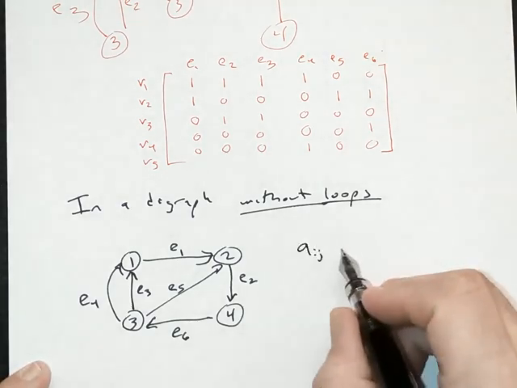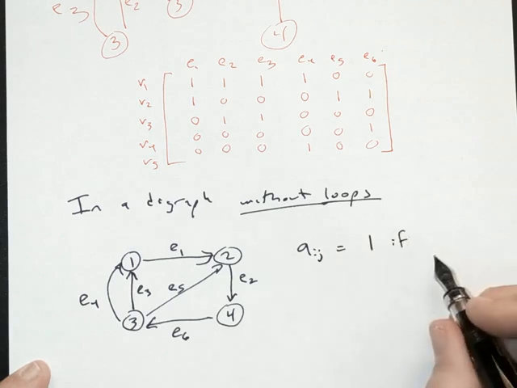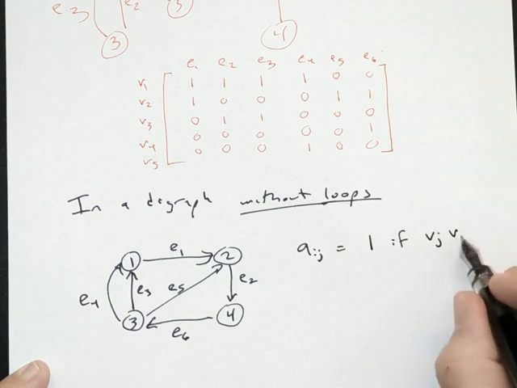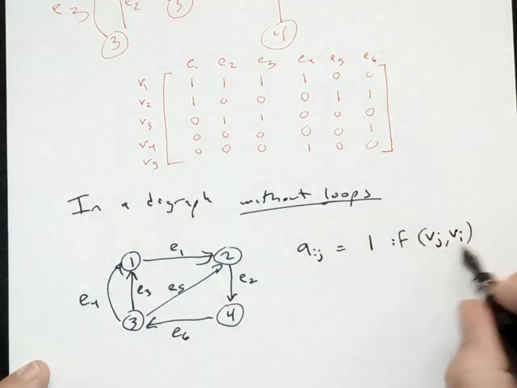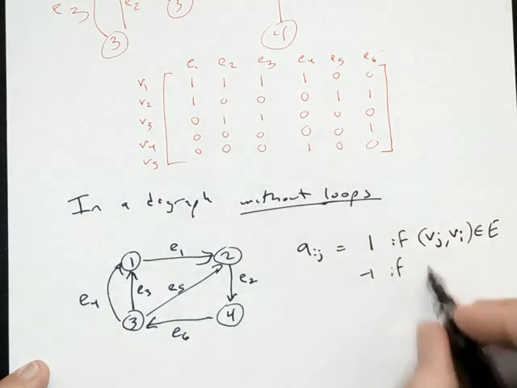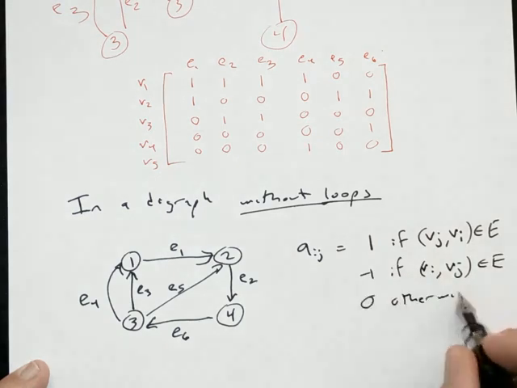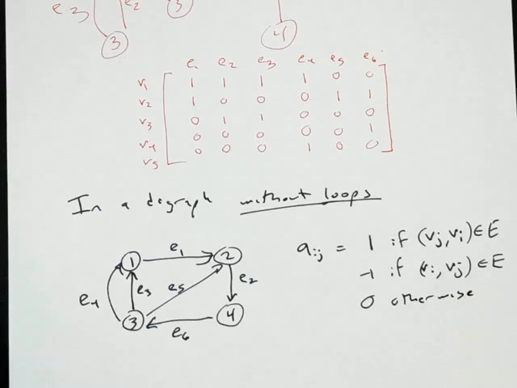Give me a matrix for this digraph. Do you now see why the loops are a problem?